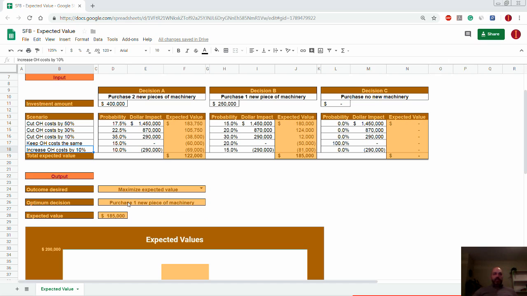So the optimum decision here is just based off of maximize or minimize, which one it is. Obviously it's purchase one piece of machinery because it has the highest expected value, and we were trying to maximize expected value. Then it brings that total down here, and that's really all there is to it.